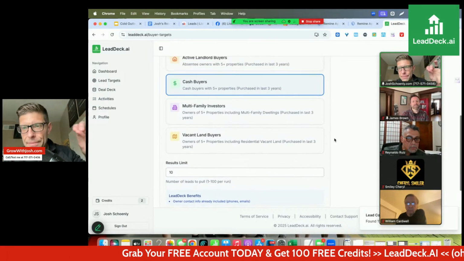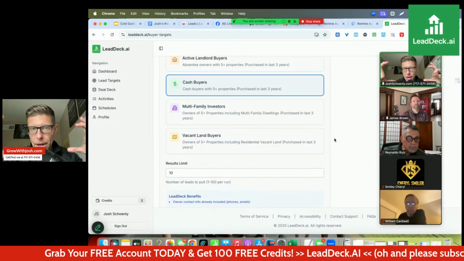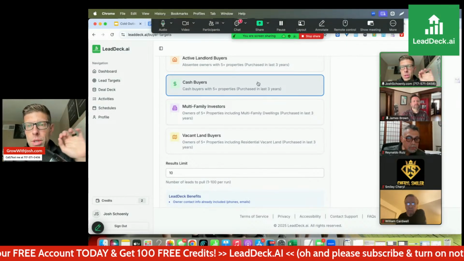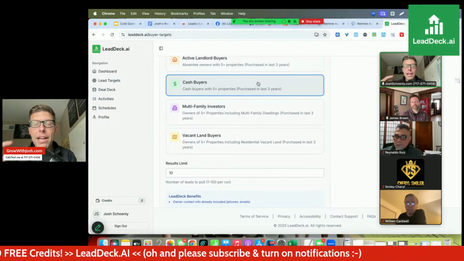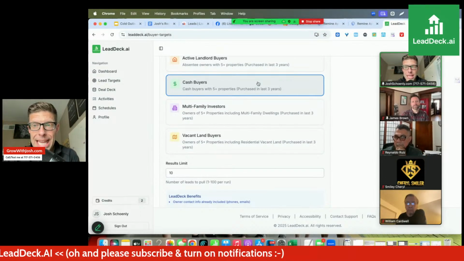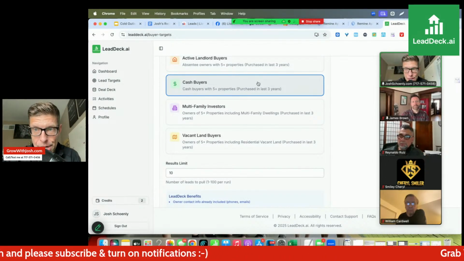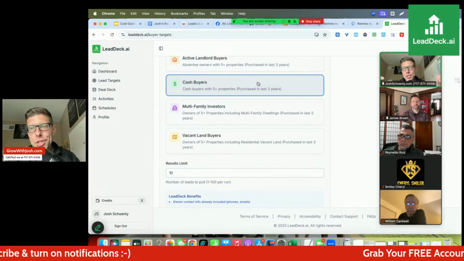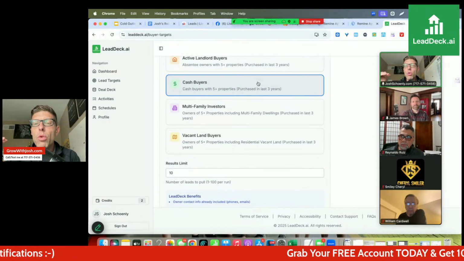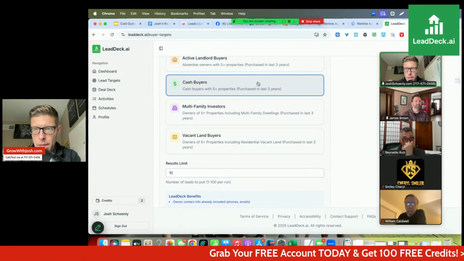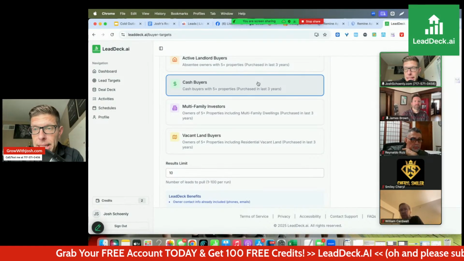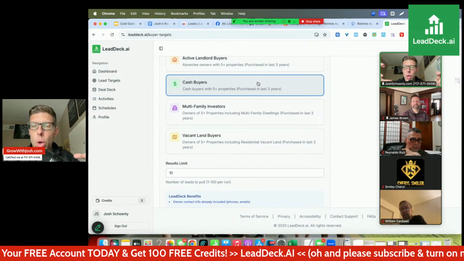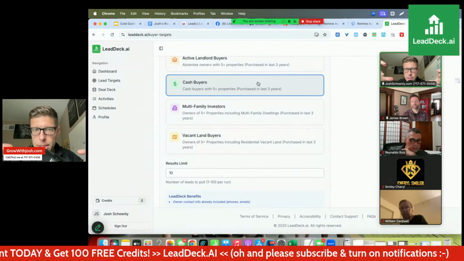There are 11 investor buyers that own in their portfolio at least 5 properties and have purchased at least one of them in the last 3 years cash. Now, it might not actually be cash, but there's no recorded mortgage. They might have used a line of credit or a private money lender or something like that.